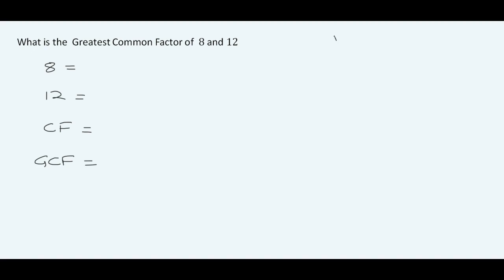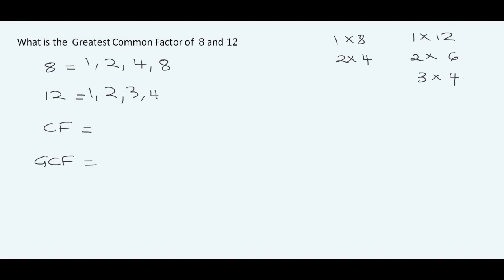So 8, you have 1 times 8, 2 times 4. So this is going to be 1, 2, 4, and 8. And then let's look at 12. We have 1 multiplied by 12, 2 multiplied by 6, 3 multiplied by 4. So we have 1, 2, 3, 4, 6, and 12.